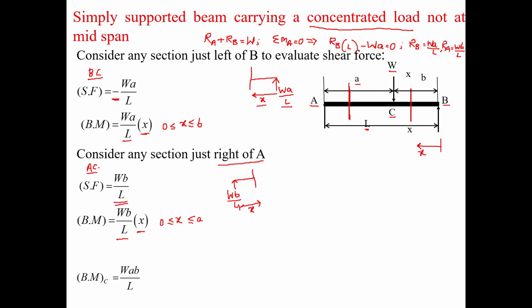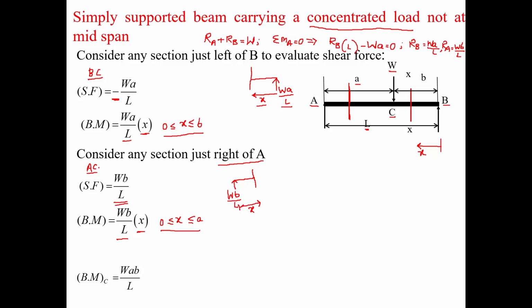Please note this: we are not keeping the reference point the same for both sections. For section BC we are taking B as the reference point, and for section AC we are choosing A. So x is changing from 0 to a here, and from 0 to b there.